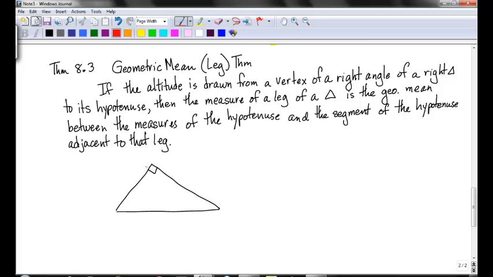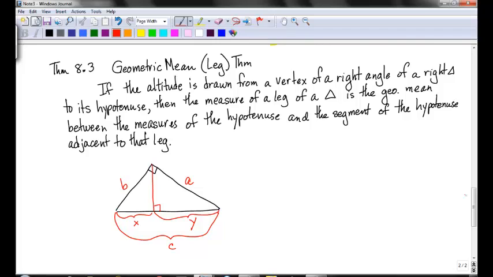Drop a perpendicular down. This is our altitude. That makes that a right angle. Label this leg as B. Label this leg as A. From here to here, label that X. From here to here, label that Y. And this whole hypotenuse of the big triangle, label that C.